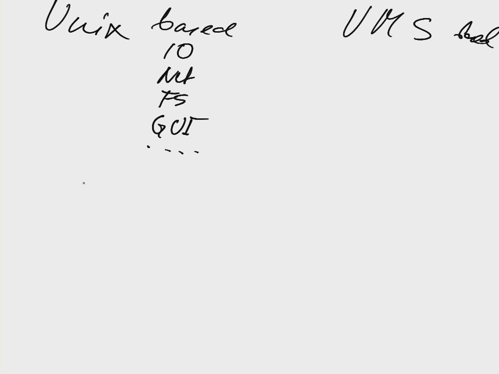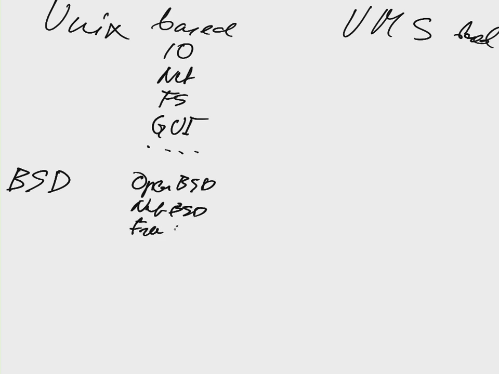And for these Unix-based systems, there are original Unixes still somewhere around, and these are coming from Berkeley's system distribution or BSD systems, and currently as an open source solution these systems are OpenBSD, NetBSD and FreeBSD.